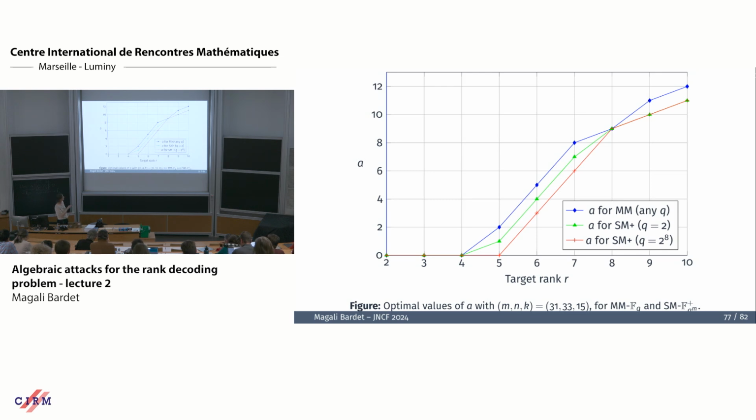For max minors it's the smallest a, and for support minors we try different a, compute the maximal degree to solve the system, and take the best result. So you see for small values we don't need any a, so in this case it's very efficient to solve, and then a grows up to the maximum, a complete combinatorial attack.